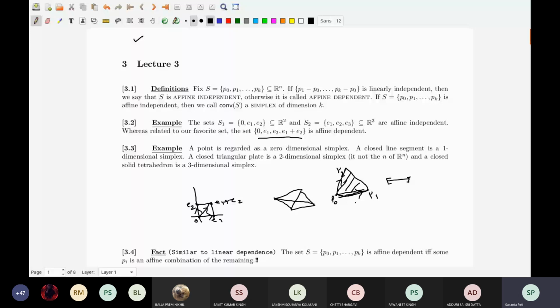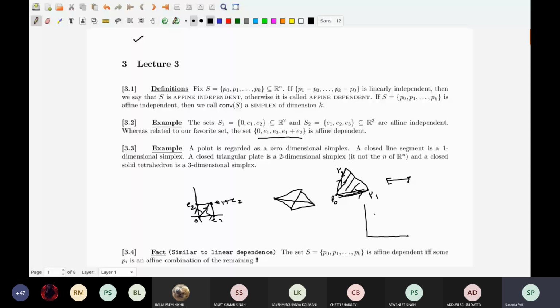Okay, what about this affine independence? See what happens if you are looking at a hyperplane. In R3, imagine a plane that does not pass through the origin, with the z-axis going to the top, that passes through the 3 points E1, E2, E3.